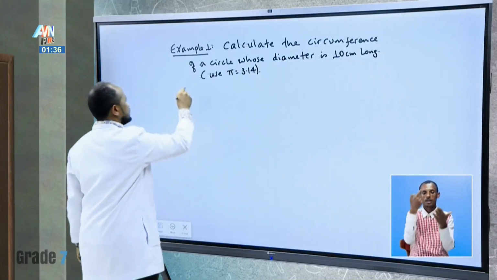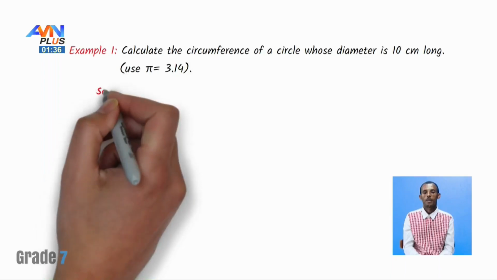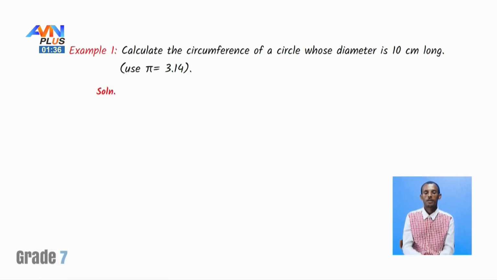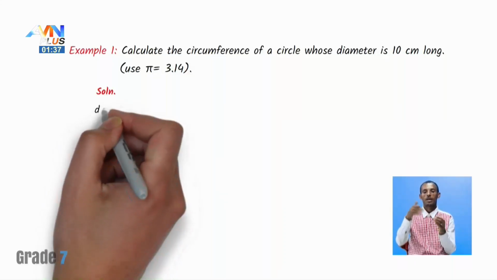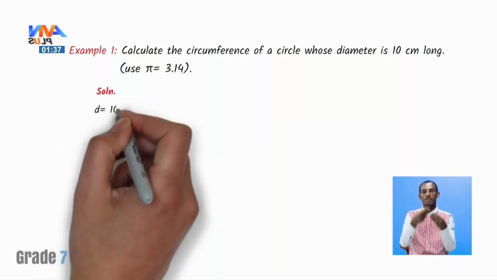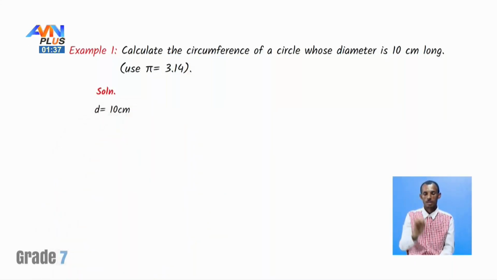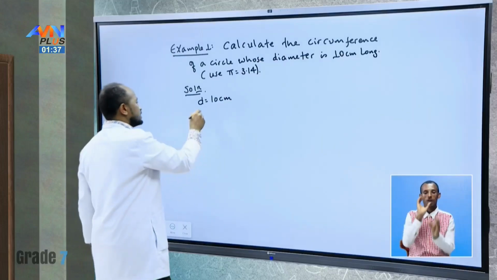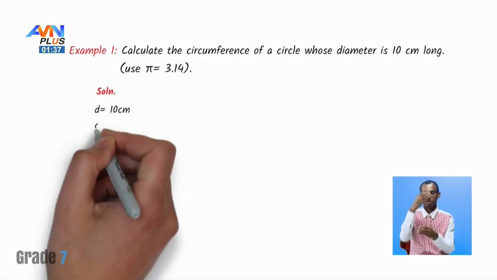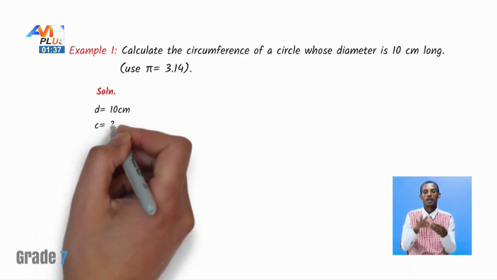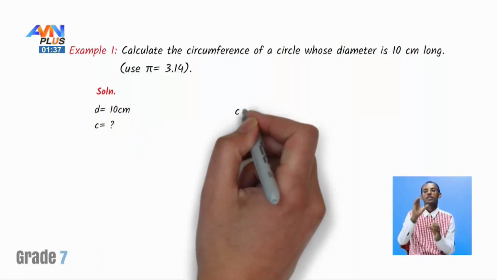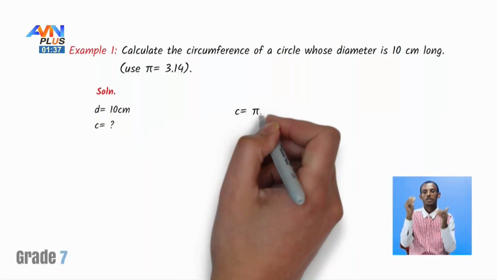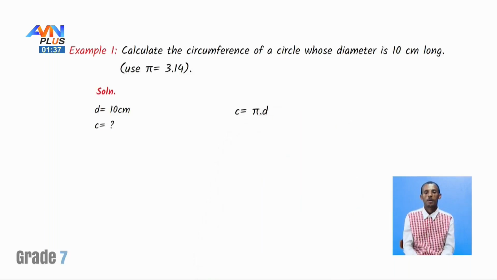Here, solution. The diameter of the circle is given. The diameter is 10 centimeter. We are asked to calculate the circumference of the circle. So how do we calculate the circumference? As we derived the formula earlier, circumference is equal to simply the product of pi and diameter.